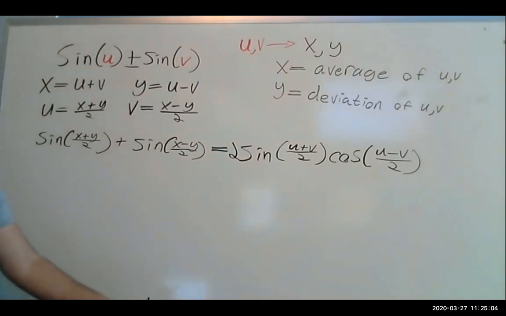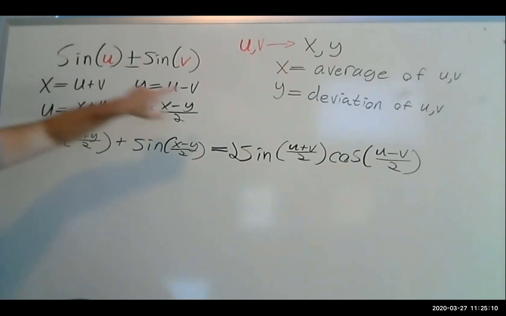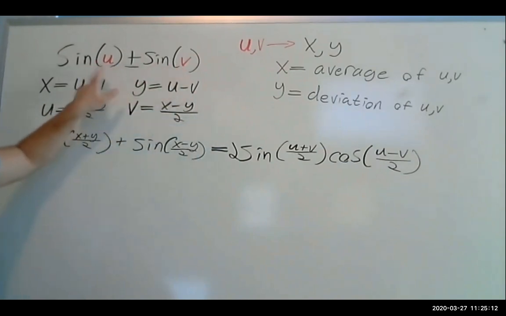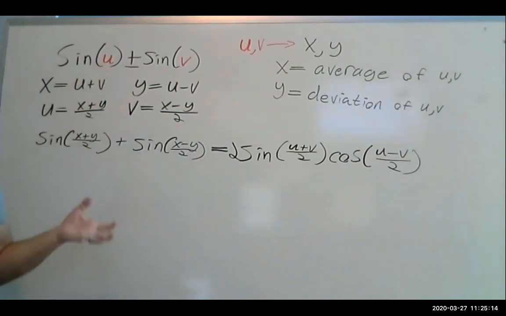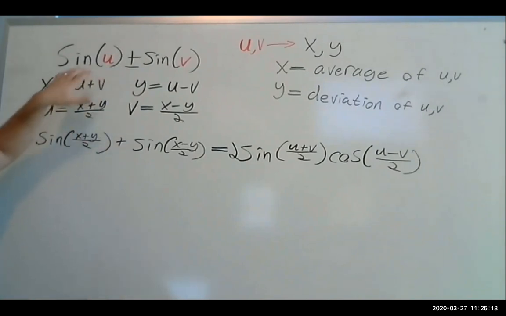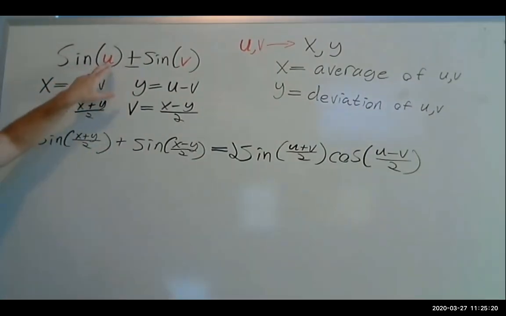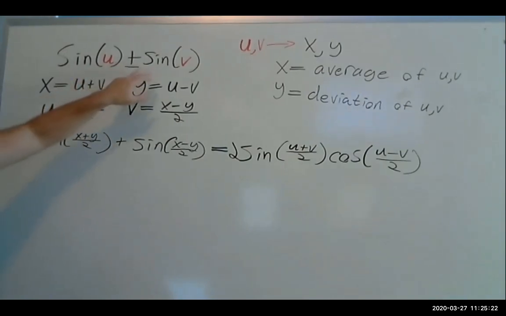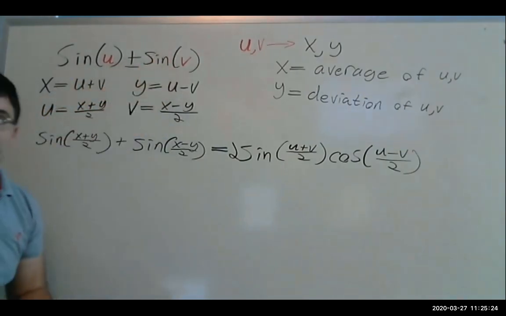In this one, we were allowed to switch the argument from something that we can't really do something with, because we don't have a direct relationship for sine of a thing plus sine of a different thing.